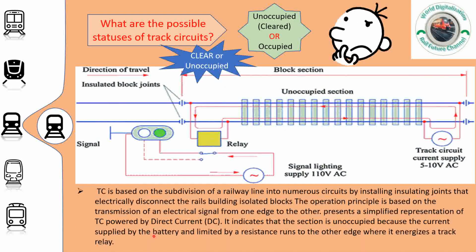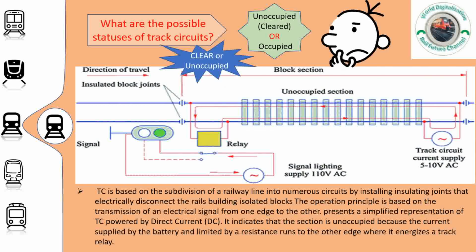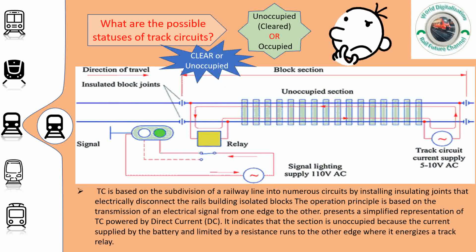Okay, so TC is based on the subdivision of a railway line into numerous circuits by installing insulating joints that electrically disconnect the rails, building isolated blocks. The operation principle is based on the transmission of an electrical signal from one edge to the other.